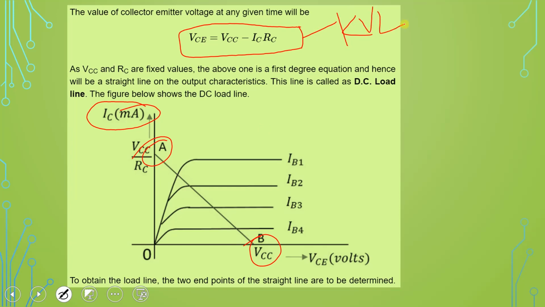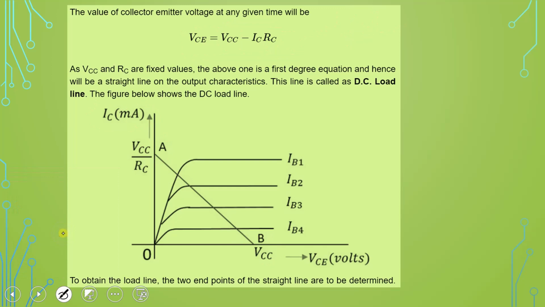VCC and RC are fixed values, and this equation is a first degree equation, hence we obtain a straight line on the output characteristics, which is called the DC load line. So this diagram tells us how we get the DC load line. Now we are discussing how we get the values of A and B from this equation.